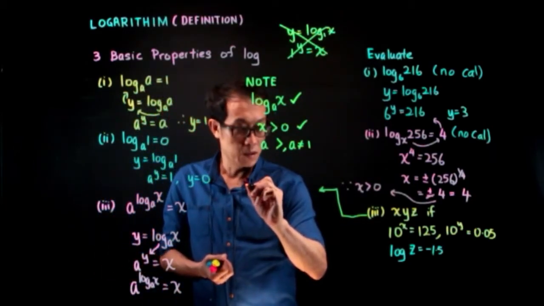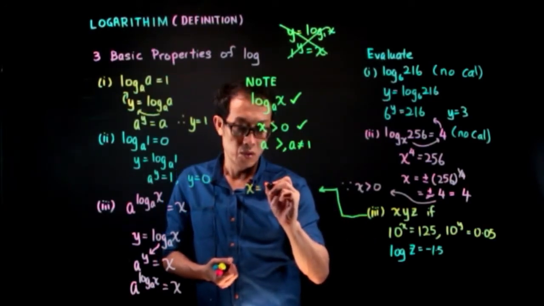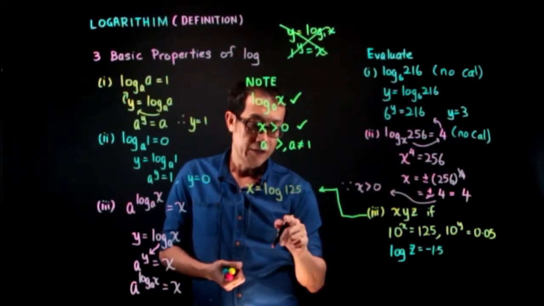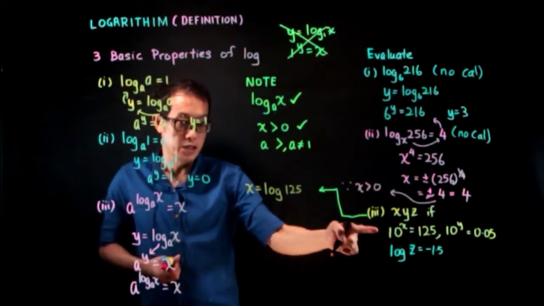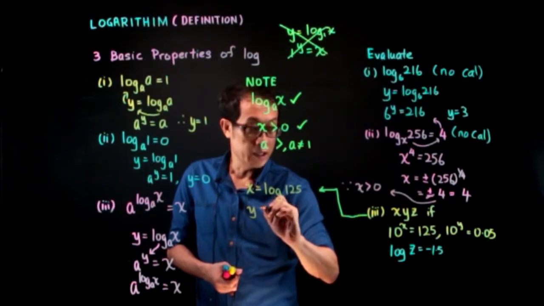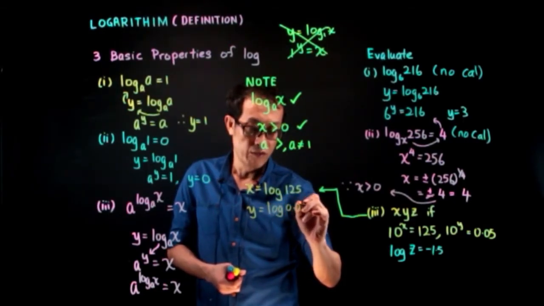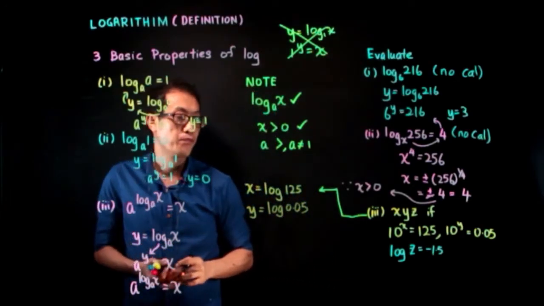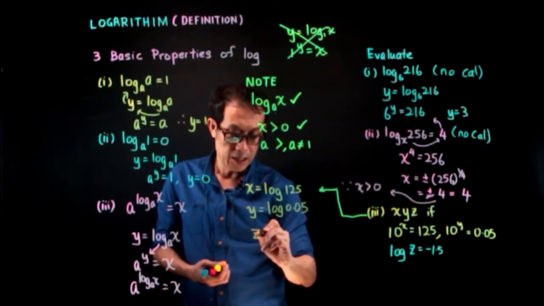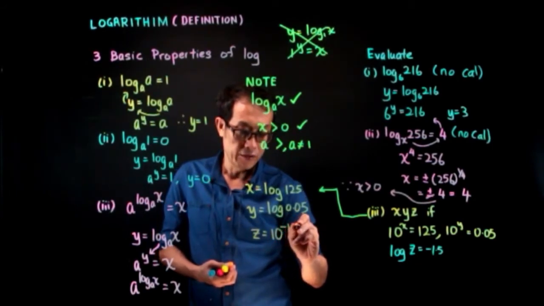So the first one, x will be equal to log 125. If I leave this empty, it's understood to be log to base 10. The other one, y is log 0.05. Now what is z? z will be 10 to the power of minus 1.5.